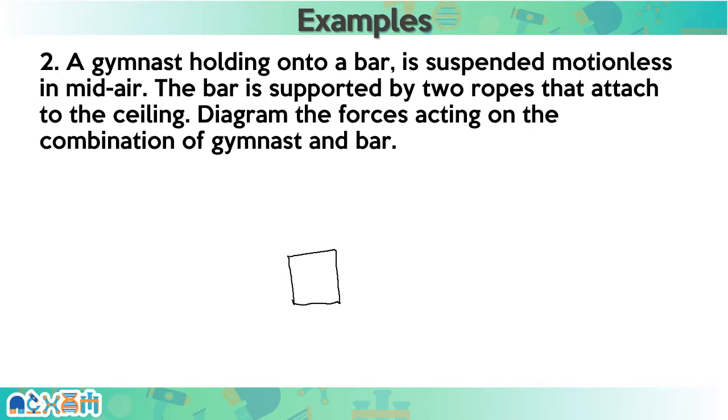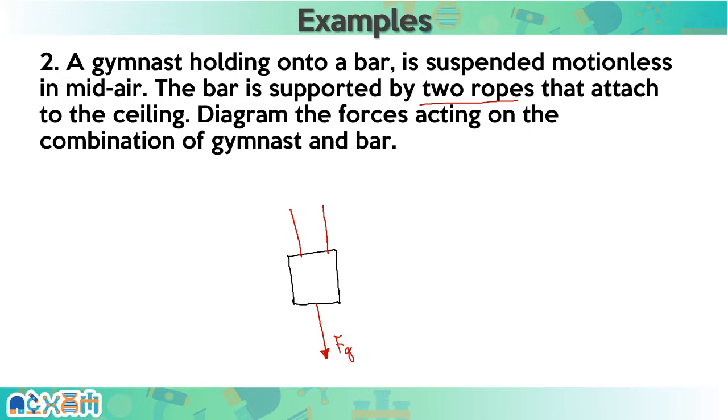If that is the gymnast and it's suspended motionless, supported by two ropes, from the term itself, two ropes, which means we're going to have two forces here. But what type of force? First, of course, if it's suspended motionless in midair, gravity will again act upon it.